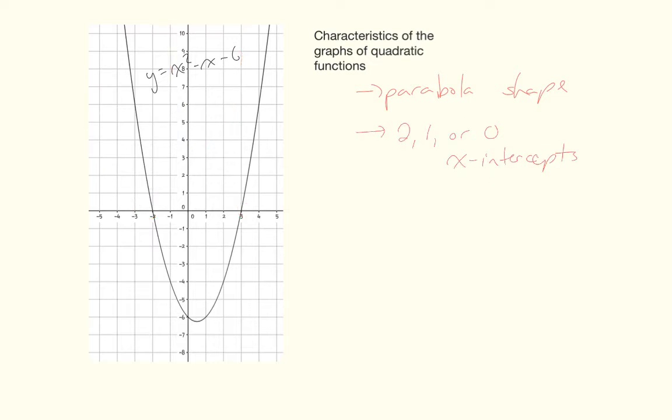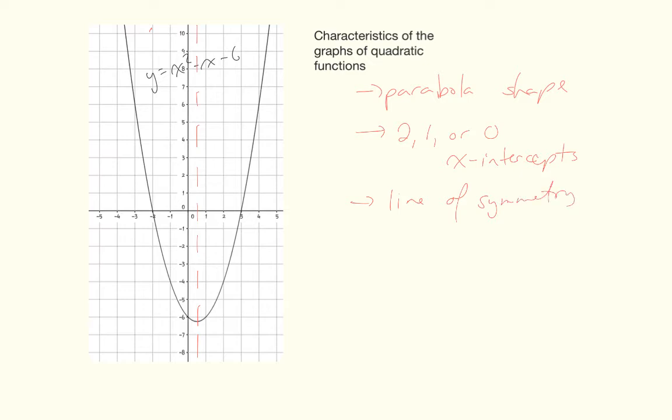You may notice as well that a parabola is symmetrical, right? It's even to the left and the right. And if we were to actually draw the line of symmetry on the parabola that we have here, I think it would go somewhere down the middle here. Right? So there is a line of symmetry.